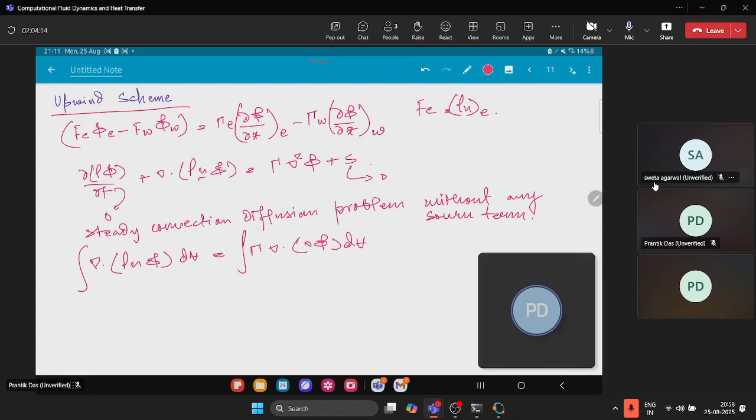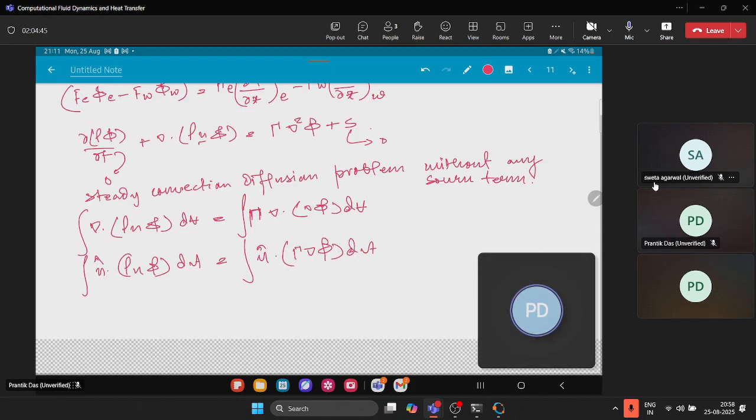I have to convert this into a surface integral: n cap dot rho u phi dA is equal to n cap dot gamma grad phi dA. Okay. So n cap is basically the normal vector at the surface itself.